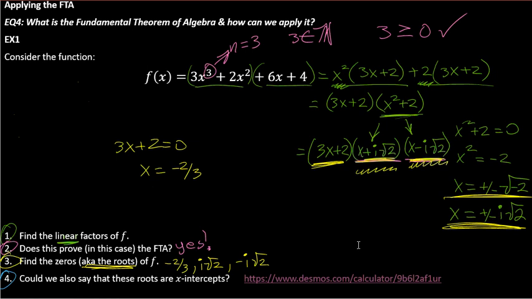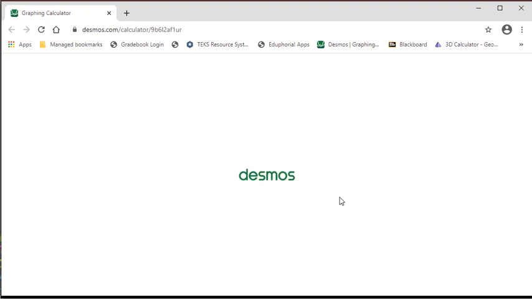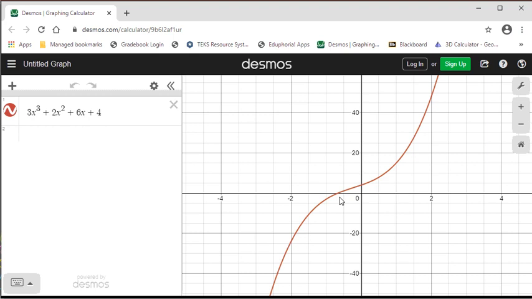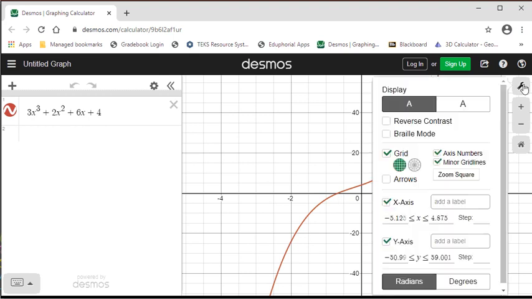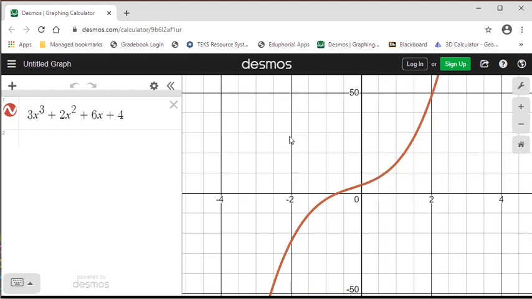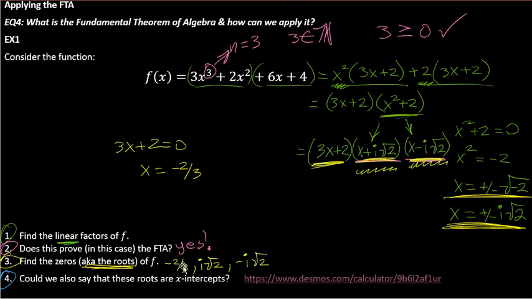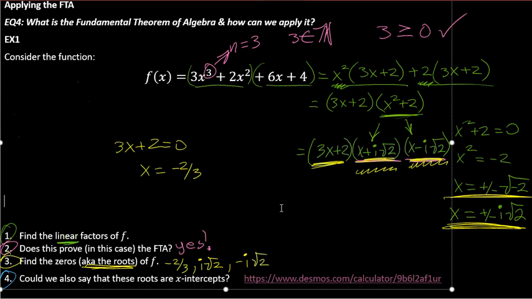I've got a little link here for Desmos. Let's see if it pulls it up on the wrong screen or not. Nope, it did a good job. So roots or zeros are also our x-intercepts. Now, we only had one real root, and that was this negative 2/3.